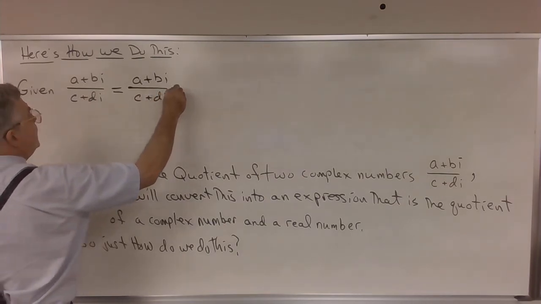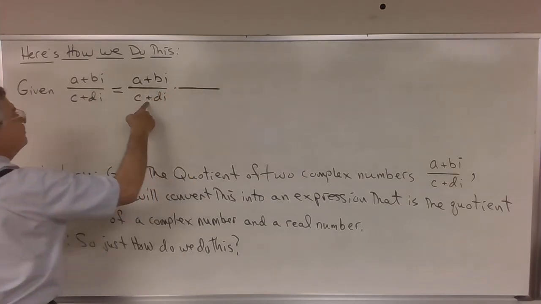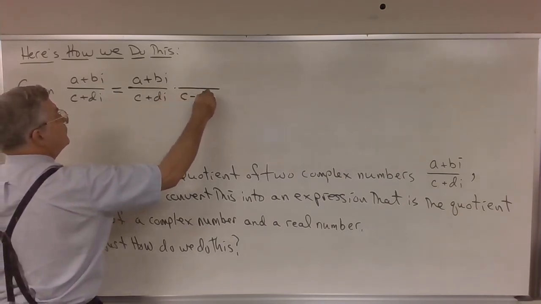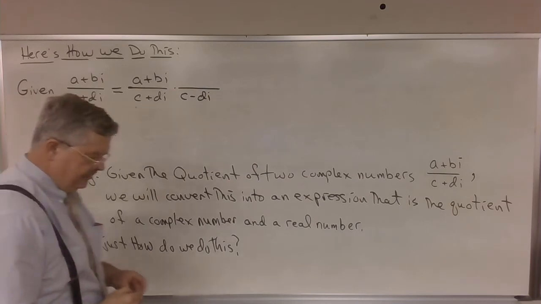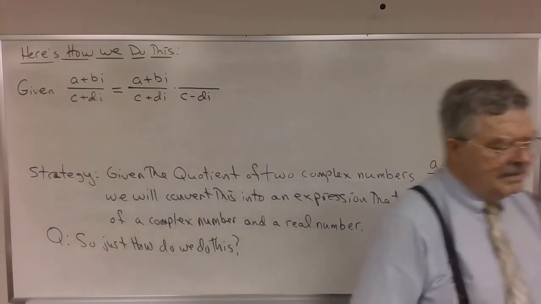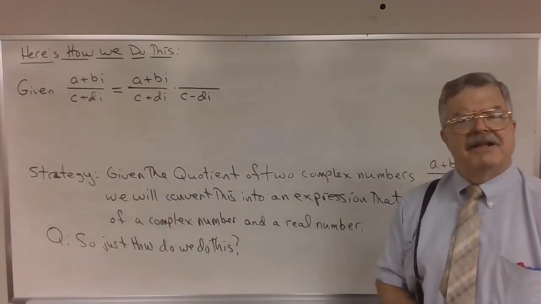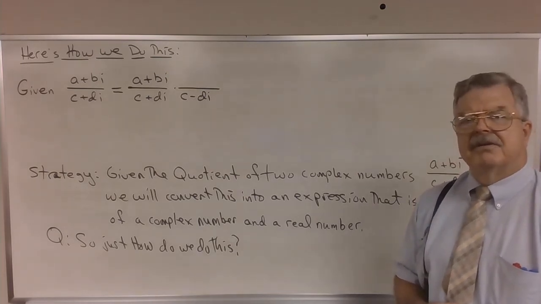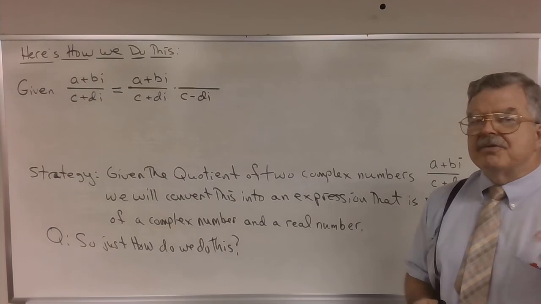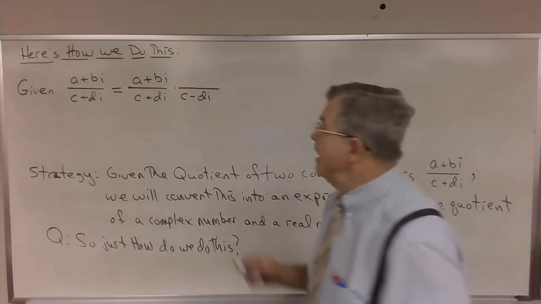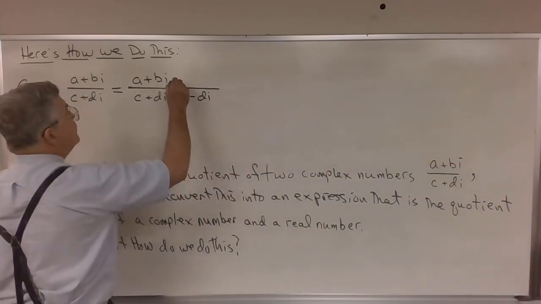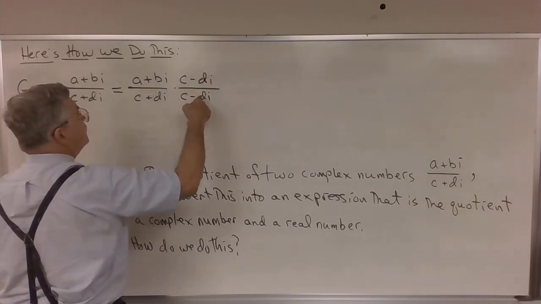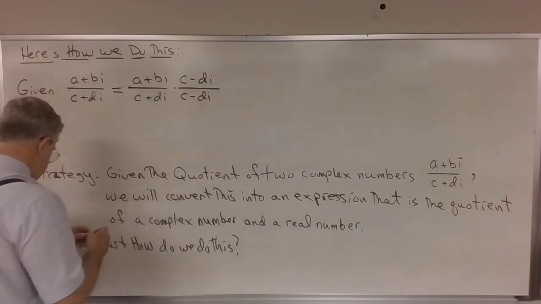I'm going to take this complex number and I'm going to multiply the denominator by its own conjugate. Hey, I can't do that. That's illegal. You're right, it is. So to atone for that sin, I just multiply the numerator by the same value.